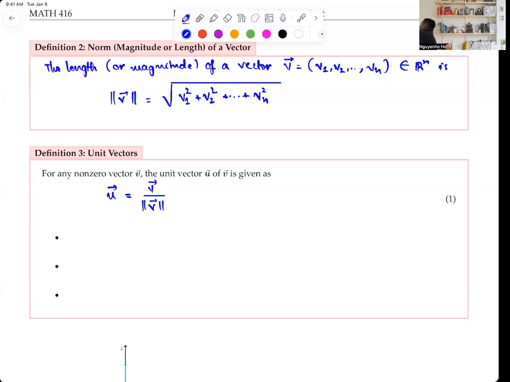Because it's called a unit vector, the length of any unit vector is always equal to 1. The length of u is equal to 1, or let's say that the magnitude of any unit vector is 1.